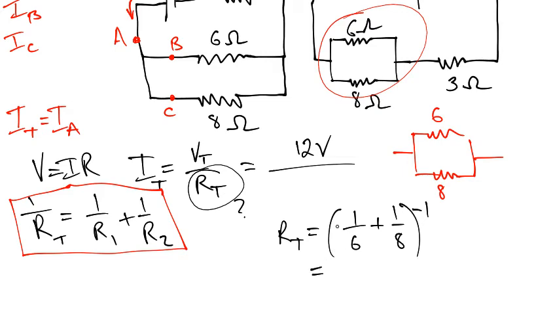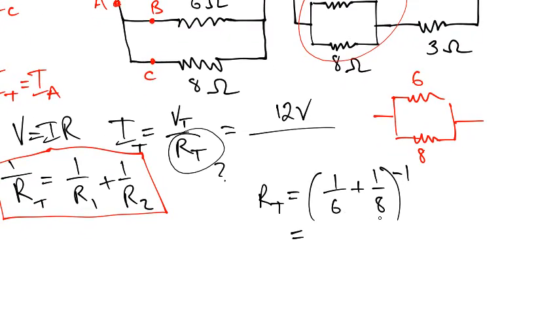And if you want to add 1/6 and 1/8, well, that's pretty easy. Common is 24, so 4 times 6 is 24, so that's 4 over 24, which is the same as 1/6, plus 3 times 8 is 24, so 3 over 24 is the same as 1/8.